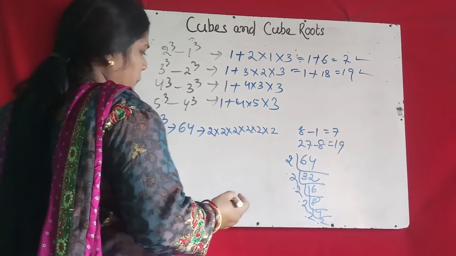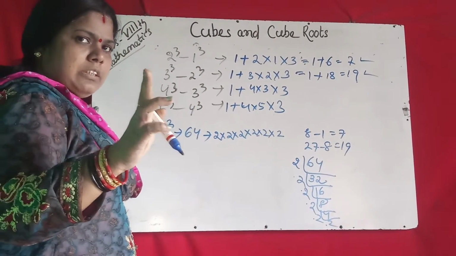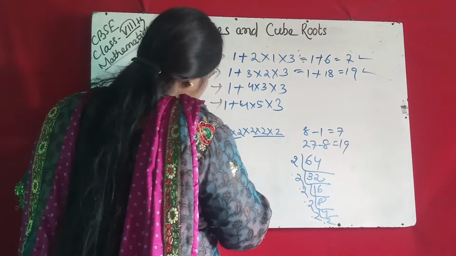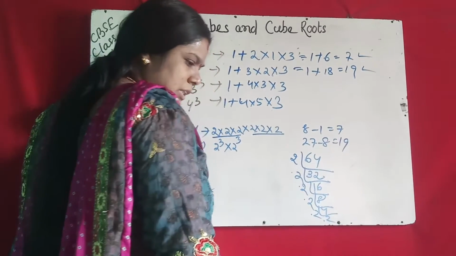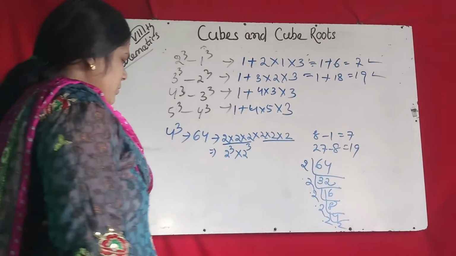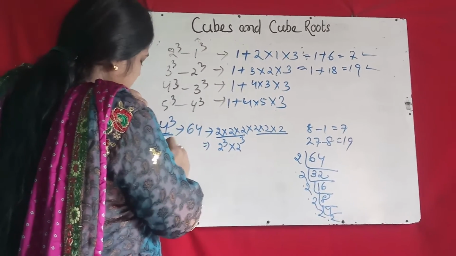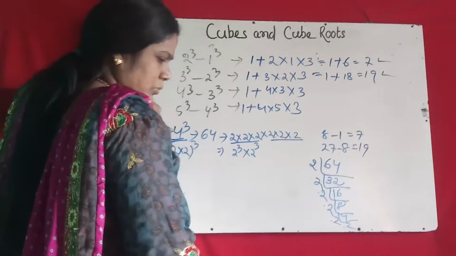So here, in square root we take two numbers in the prime factorization method, but in cube root you take 3 numbers. So it is 2 cube into 2 cube. Okay, this is the prime factorization method. Here 4 is 2 into 2, that is 2 cube into 2 cube.